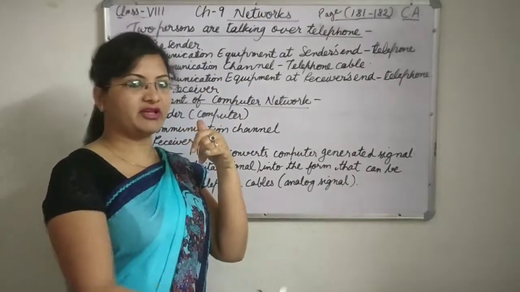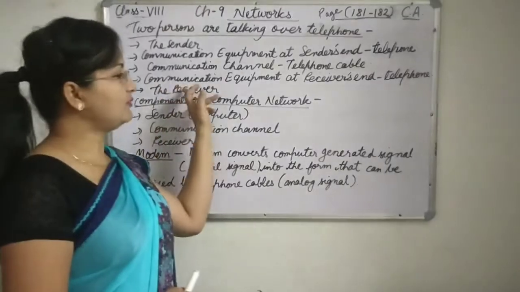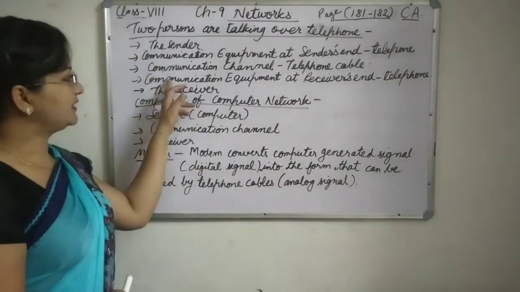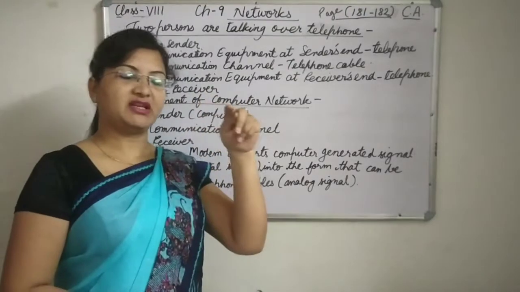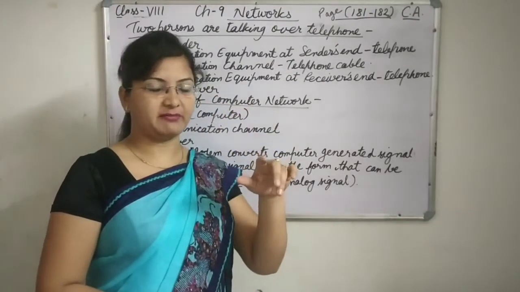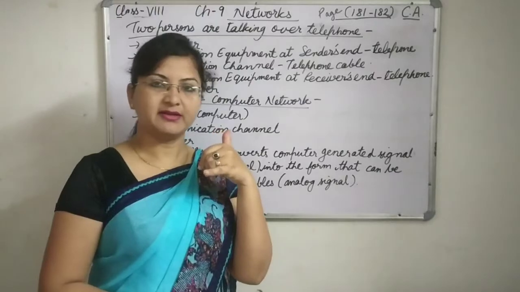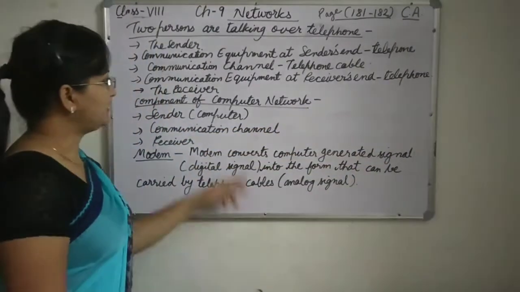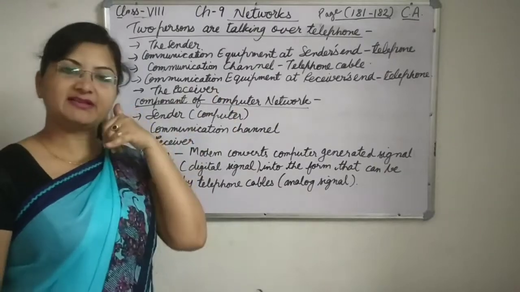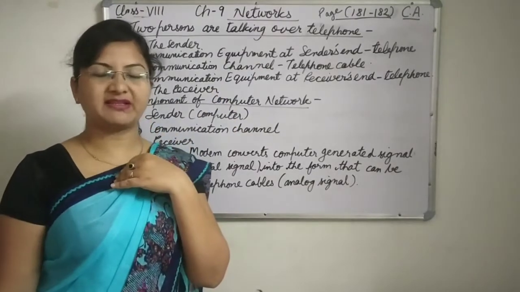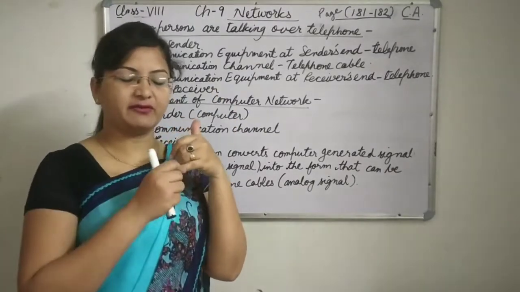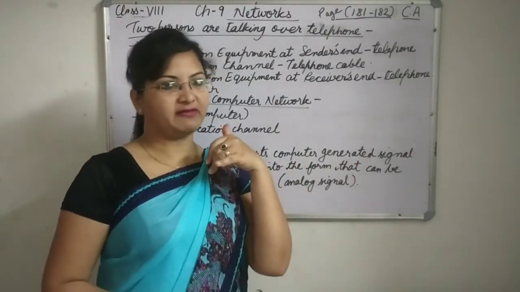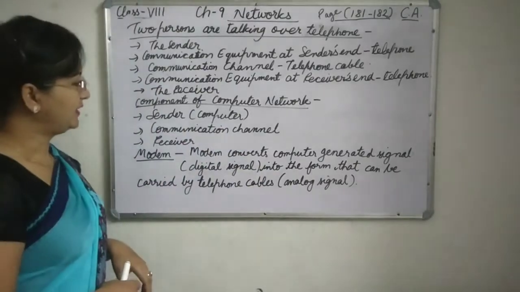The telephone cable. When the signals are sent across the telephone cable, there will be communication equipment at the receiver end. That means receiver will be holding the telephone, and then receiver will listen. If you speak something in the telephone, then telephone cable will carry the data and the receiver will receive it on the telephone held by him.